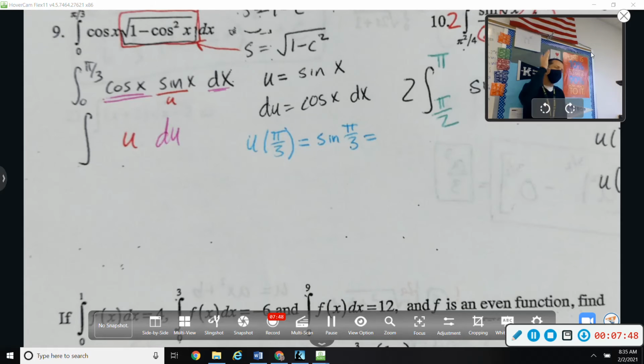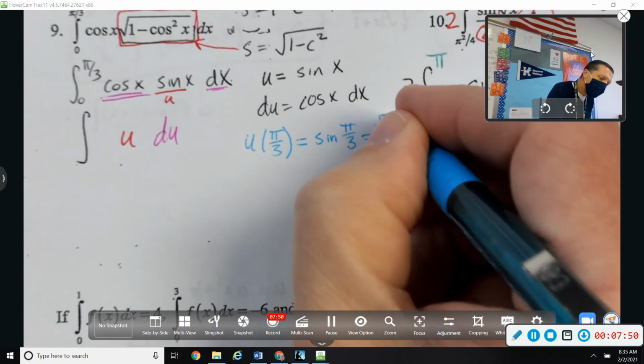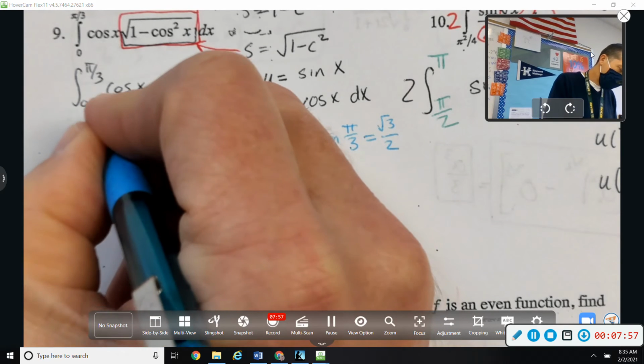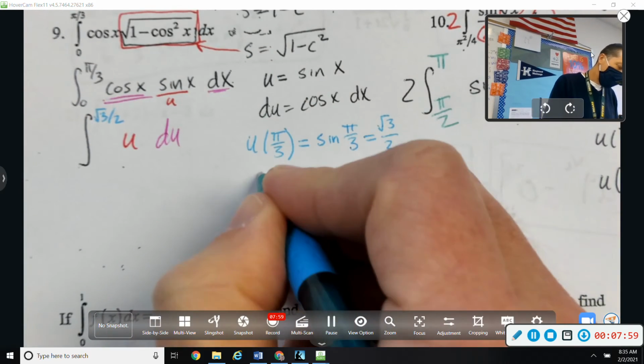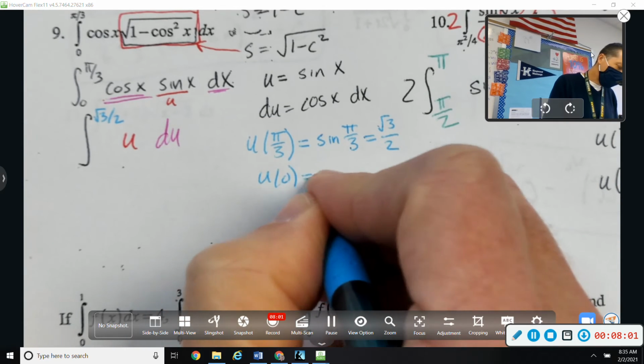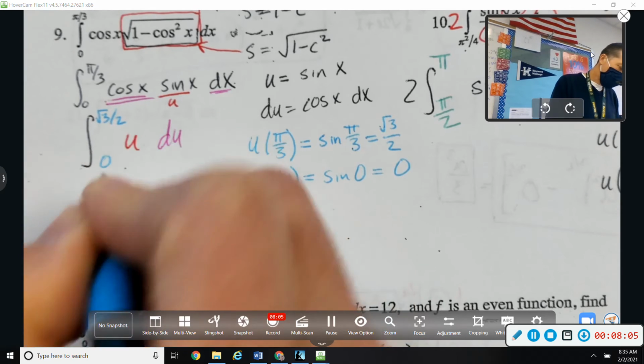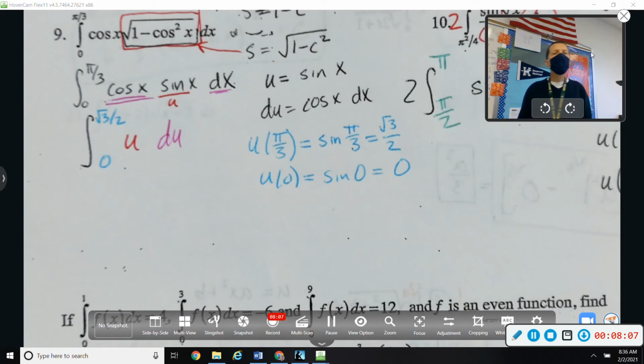Over 3 is the steep angle, so that's root 3 over 2. And u of 0, sine of 0 is 0. So now I've got a colorful problem, but I've got everything switched over to u stuff.